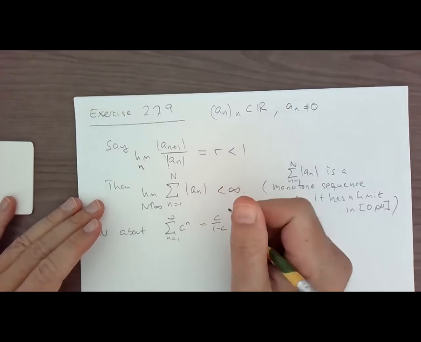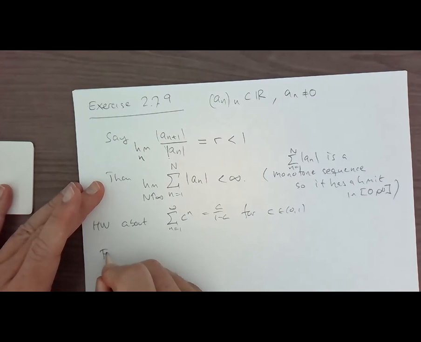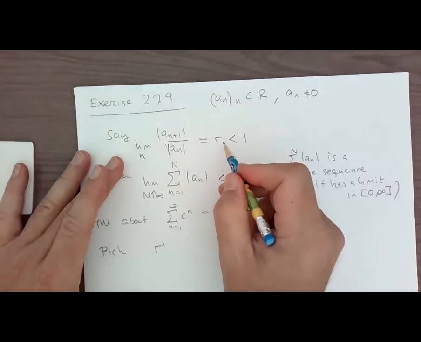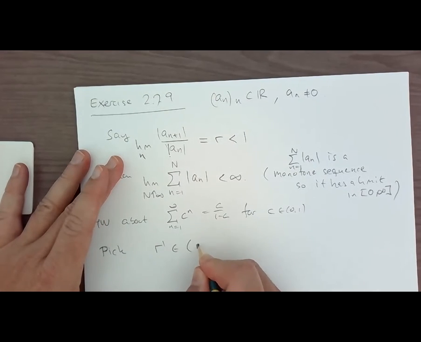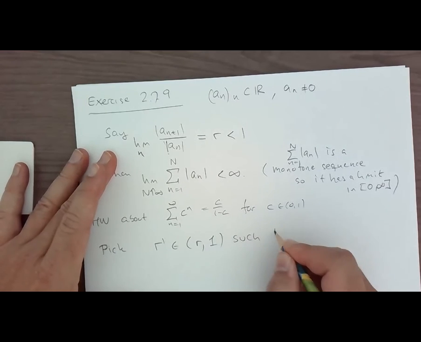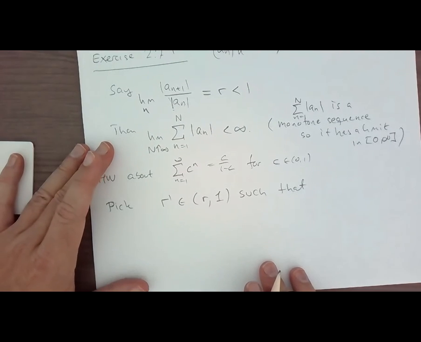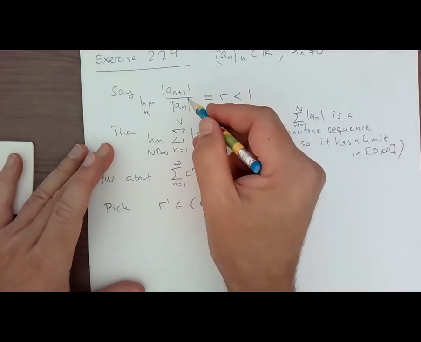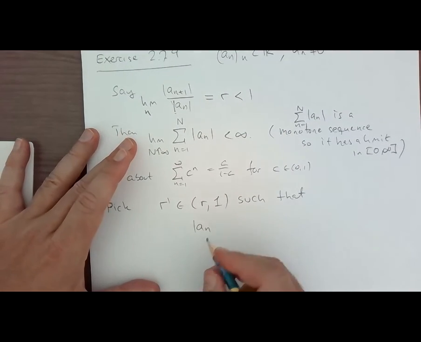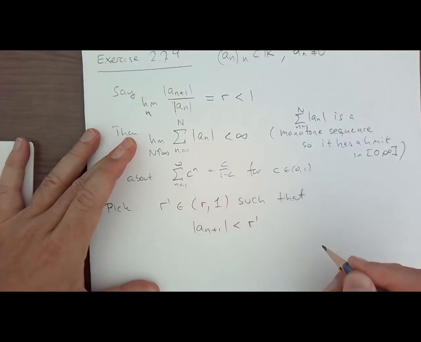this is going to be equal to L, right? So if I pick some R prime, which is going to be between R and 1, such that I can find something in there such that a_{n+1} is less than R prime.